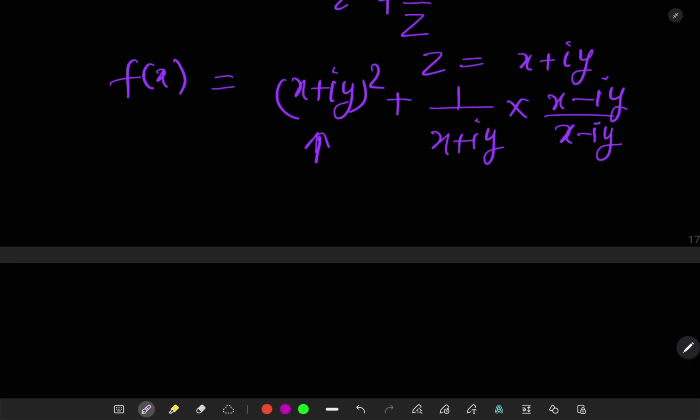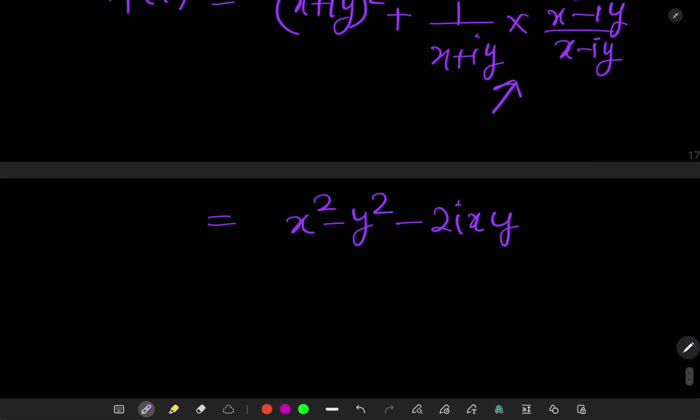Now squaring this, we get here x square minus y square plus, and solving this term we get x divided by minus 2 iota xy plus x minus iota y divided by x square minus y square whole square.